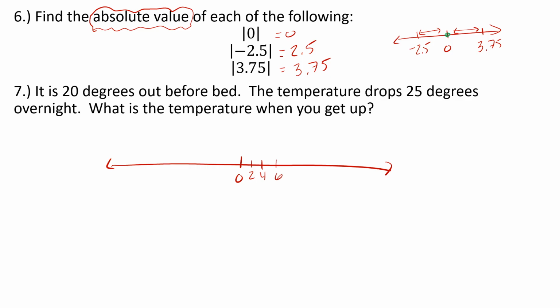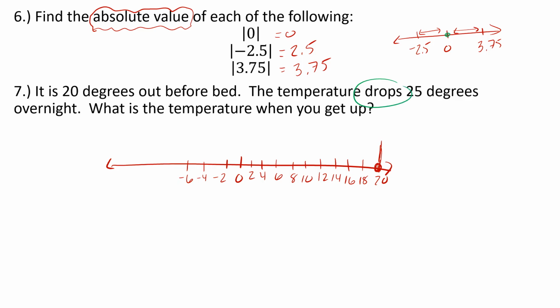So 2, 4, 6, 8, 10, 12, 14, 16, 18, and 20. So we're actually going to go locate the 20. There it is. All right. And then overnight, so -2, -4, -6, it is going to drop by 25 degrees.